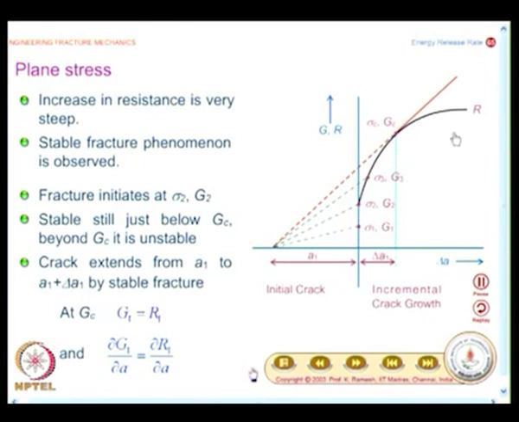And if you look at fracture toughness, what do you say? Fracture toughness by definition is a material property. And for the plane strain case, it becomes a material property, and if you exceed the stress intensity factor greater than fracture toughness, you will have catastrophic failure.